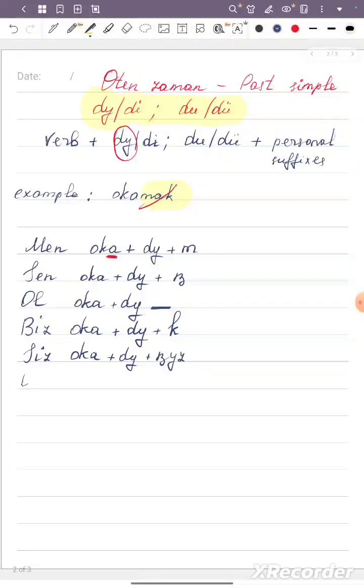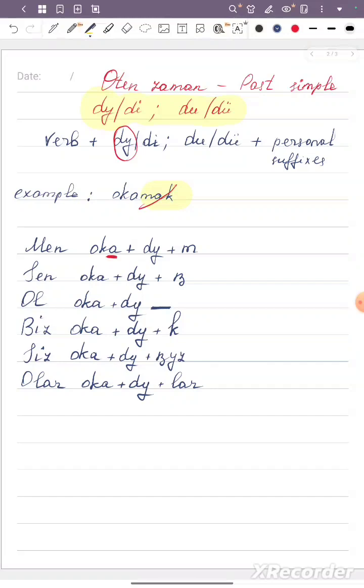And the last one, but not the least, olar, oku, di, lar. Olar okudular. So the personal suffix is lar here. But actually, in spoken language, we can say olar okudu, and also we can say olar okudular.